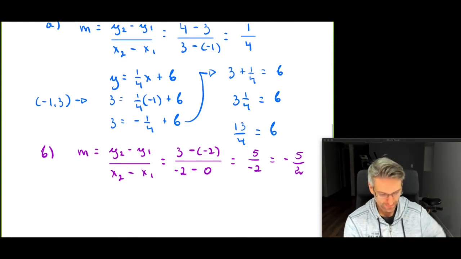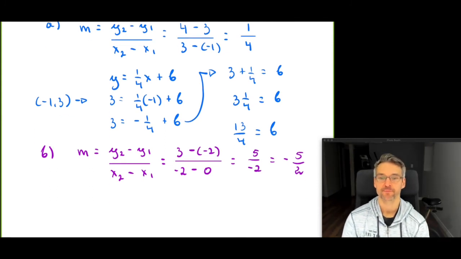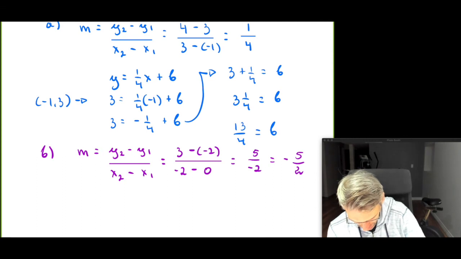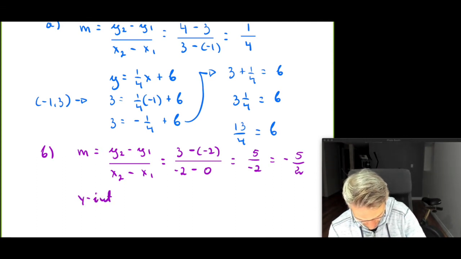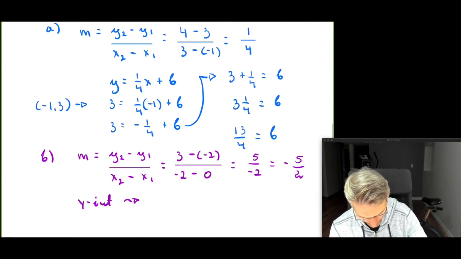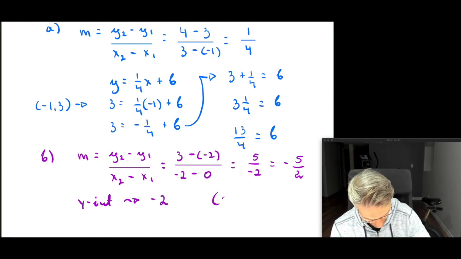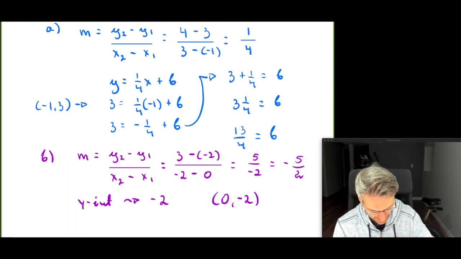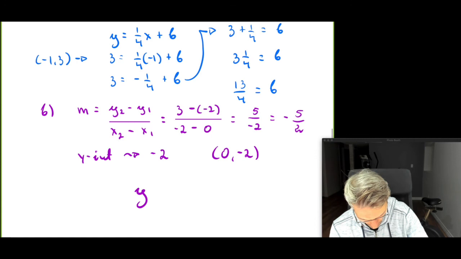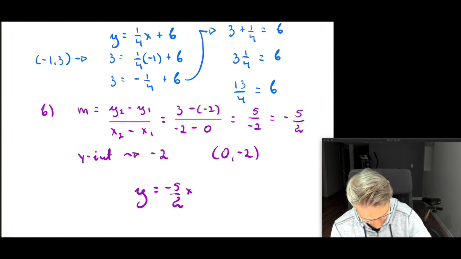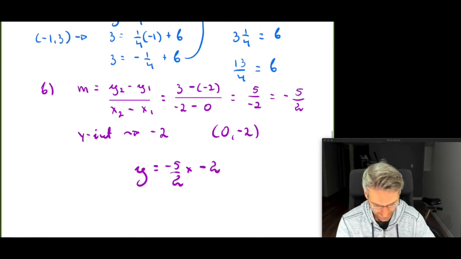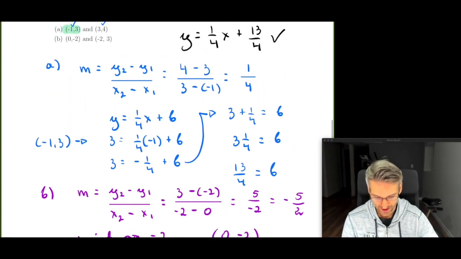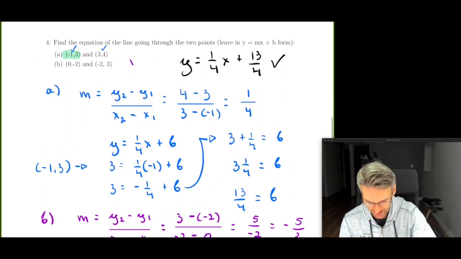So that's our slope, and we just said that our y-intercept is negative 2, and that's coming from the point itself. So our second equation of the line is this. All right, and that's what you have there, and that completes this example.